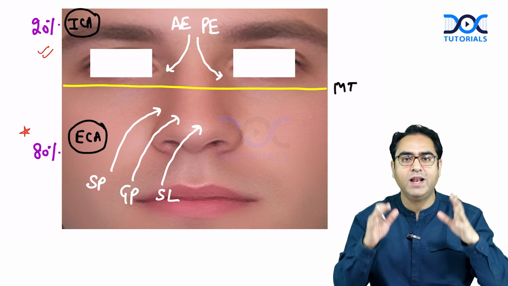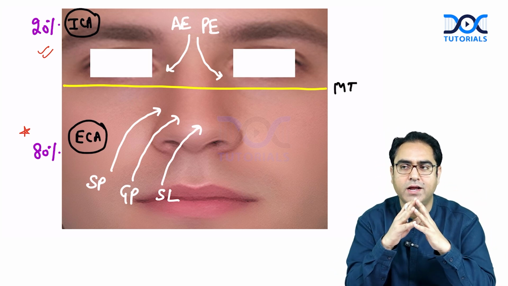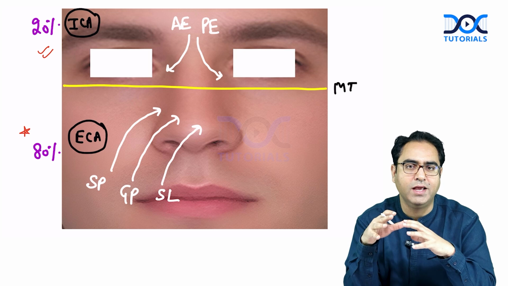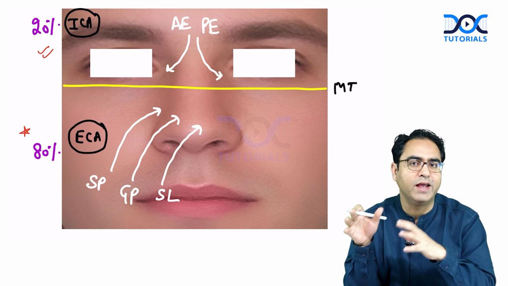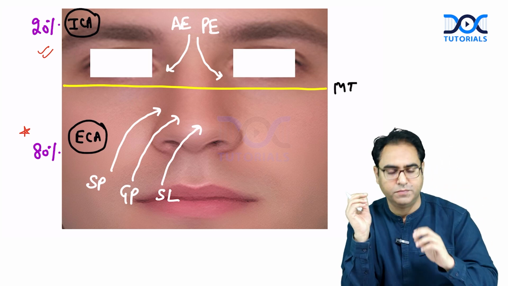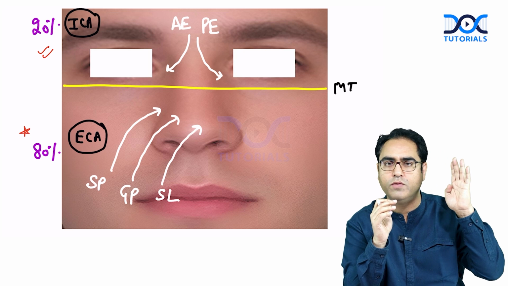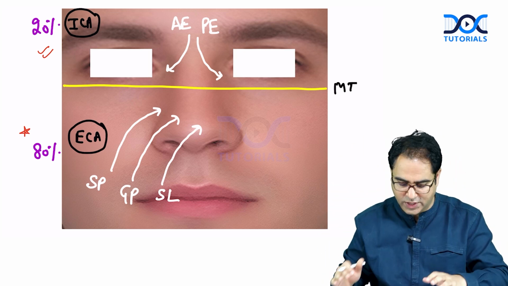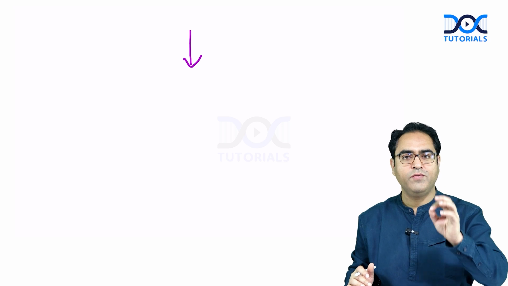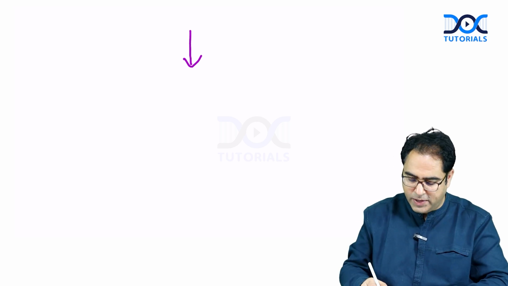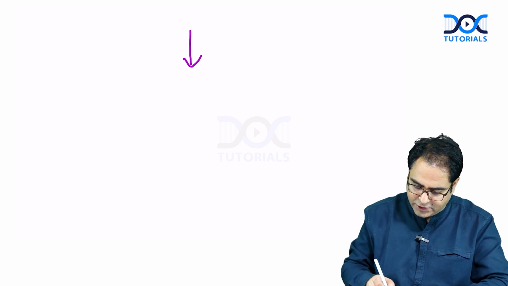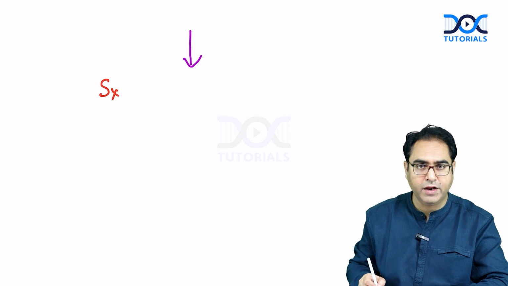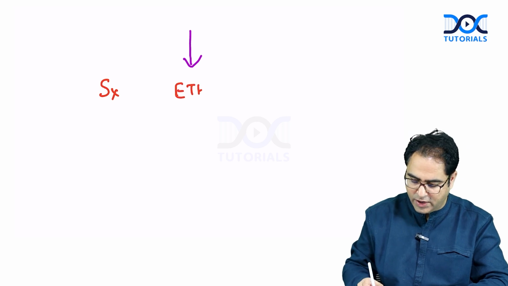So if ECA ligation failed to control bleeding, then the next management will be the ethmoidal artery ligation. Anterior also, posterior also. All these things are done on one side only. Don't worry. On the other side, collateral circulation will be supplying this area also.